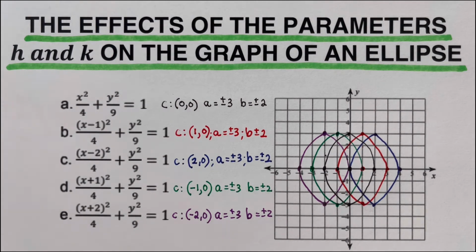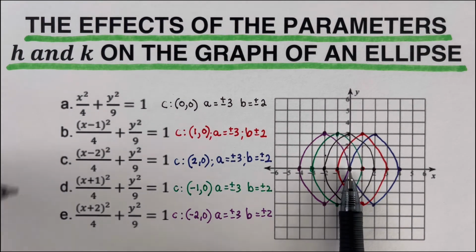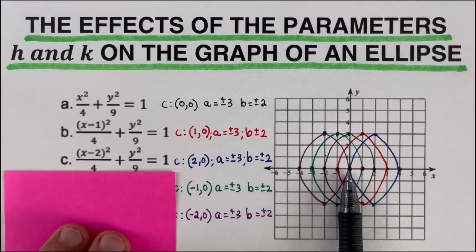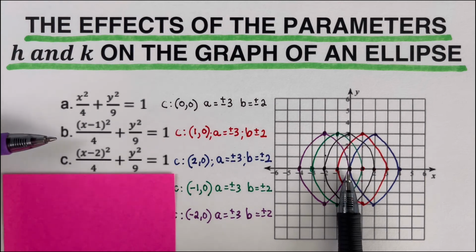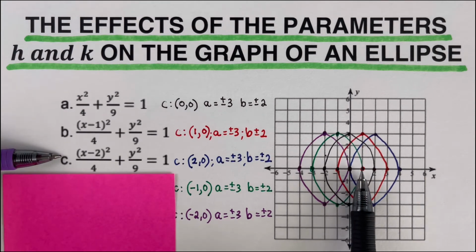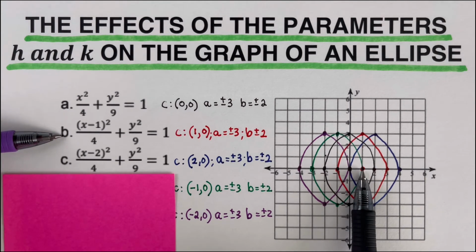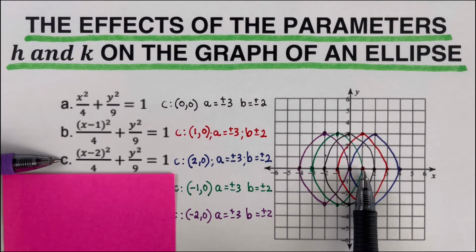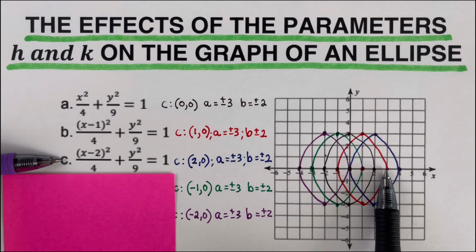Now, I would like you to notice this very carefully. We started with a graph located at the point of origin. Now, we started changing the value of h. On the first two here, the graph moves right. So starting with the red, it moves one step right. And then with the blue graph, which is represented as letter C, it moved 2 places to the right.